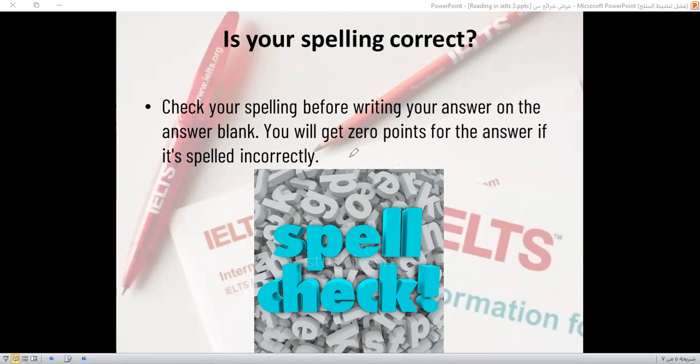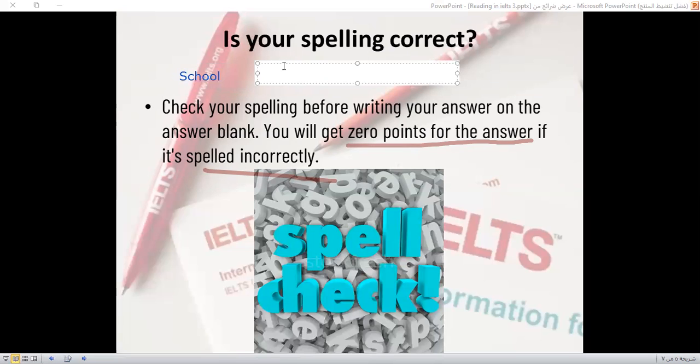I think it's shocking for me also that sometimes they tell you to write 2 words or 3 words just to answer, to complete the sentence. The big shock is that you will get 0 points for the answer if it's spelled incorrectly. If they told you to write school, this is the correct spelling of school.